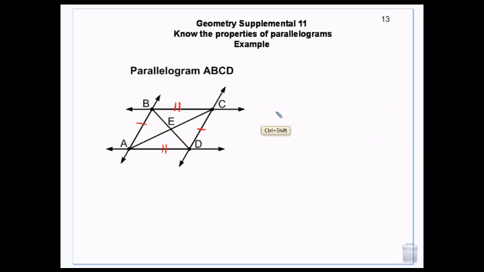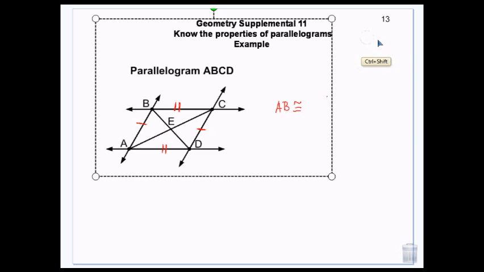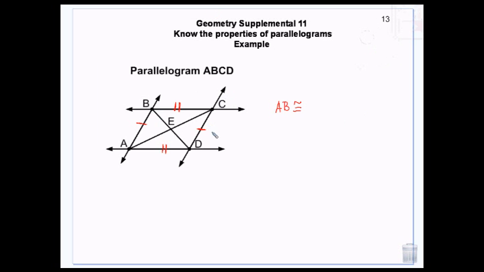So AB is congruent to CD, and then BC will be congruent to AD. So that's the opposite sides that are congruent. That's one theorem.